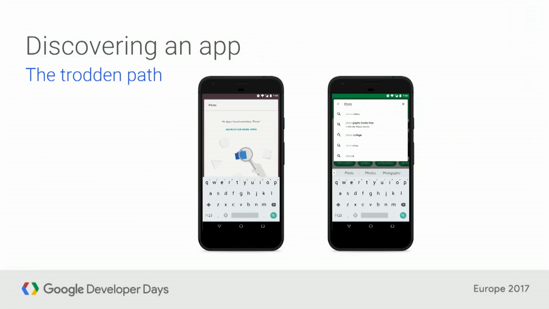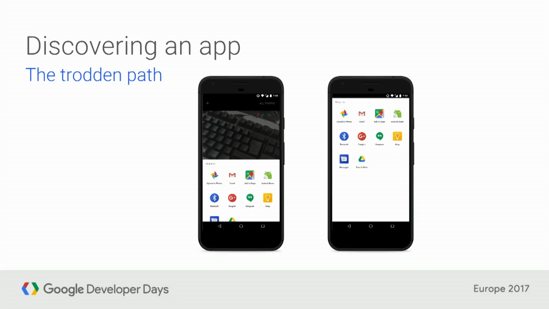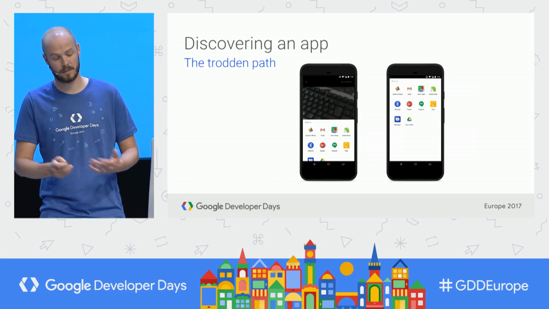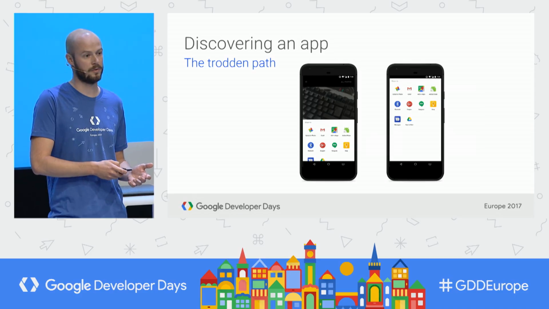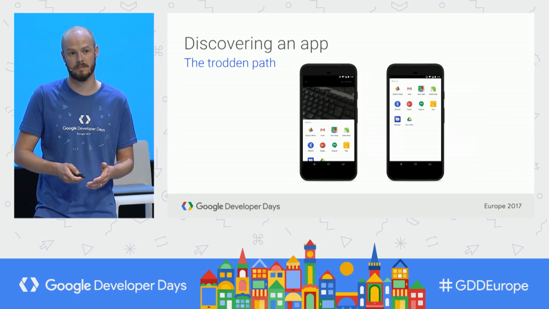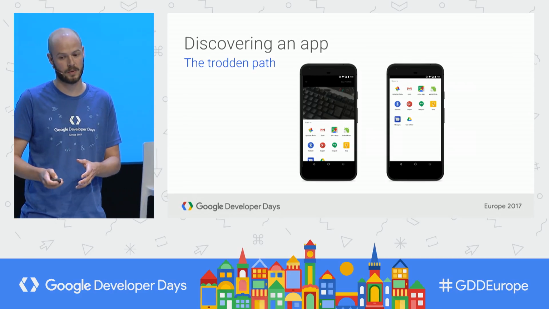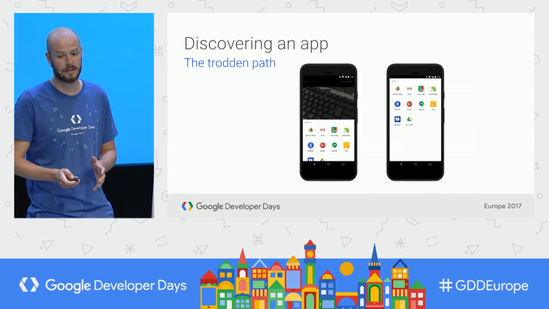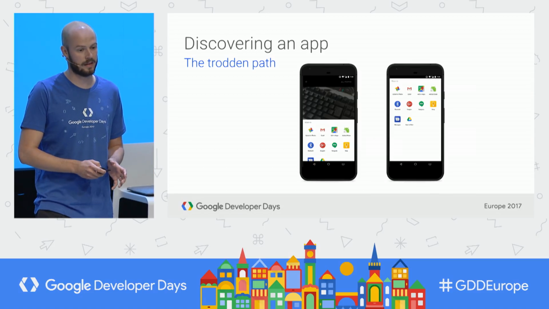Well, that's cool, but then you install it, then sometimes you forget about it, and through one or the other mechanism, you rediscover the app, and then you use it. That's the trodden path that developers have to deal with so far, and users have this as well. It's really great, it works well, but we can do a little bit better than that as well.